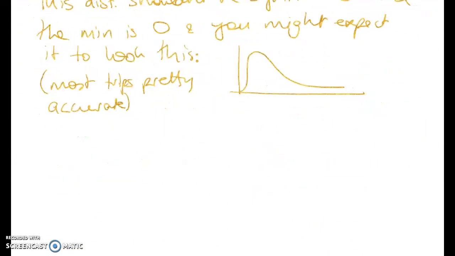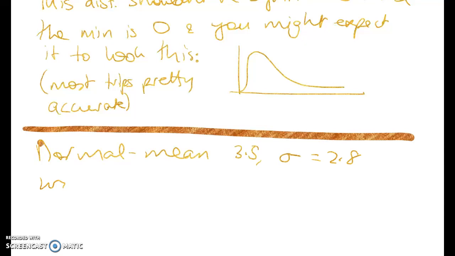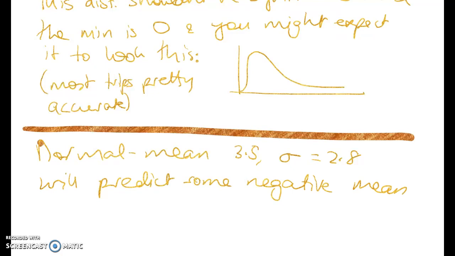So if we've got a normal with mean of 3.5 and a sigma of 2.8, this will predict some negative times, so some negative mean absolute differences. But this is impossible in real life.